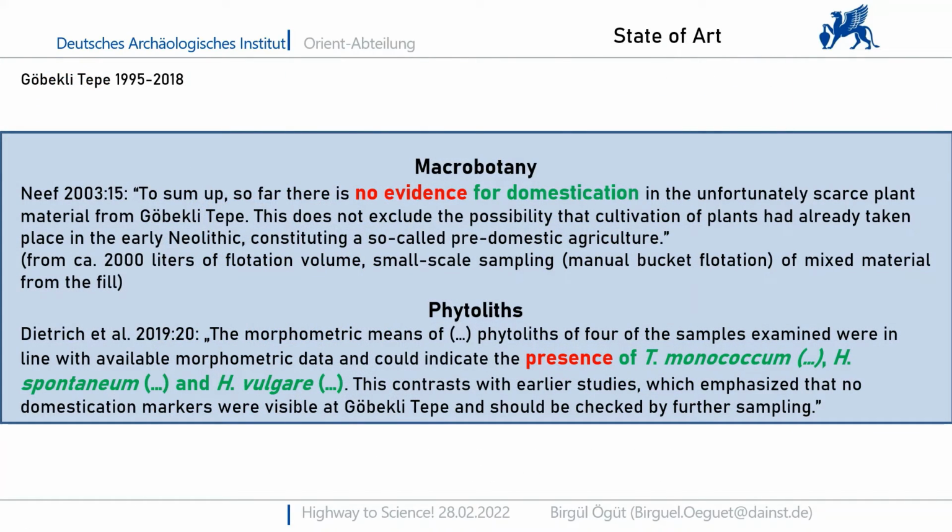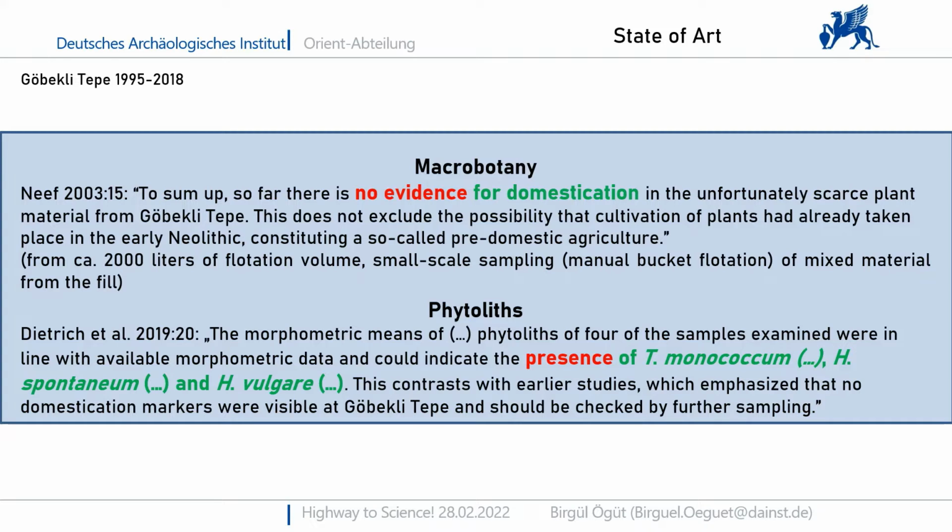To summarize the previous macro and micro plant remains studies in Göbekli Tepe, Neef, who studied macrobotanical remains from approximately 2,000 liters of flotation volume, albeit with small-scale sampling by manual bucket flotation of mixed material from the fill, argues: so far there is no evidence for domestication in the unfortunately scarce plant material from Göbekli Tepe.